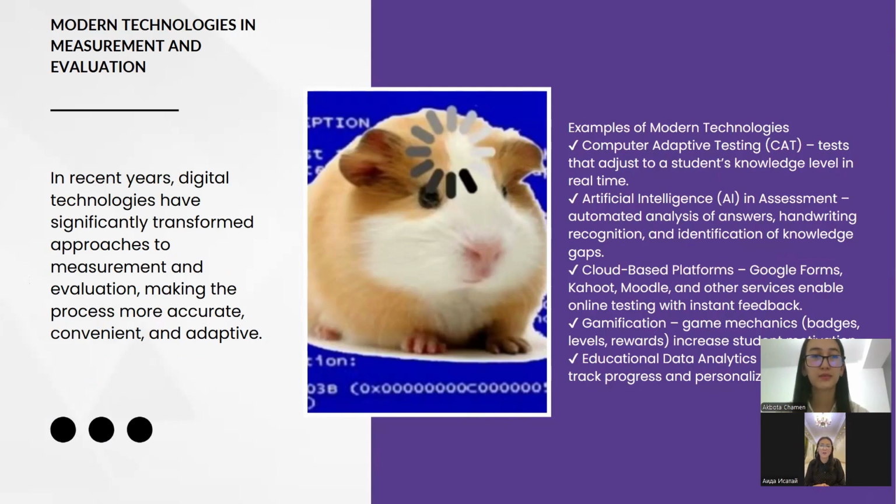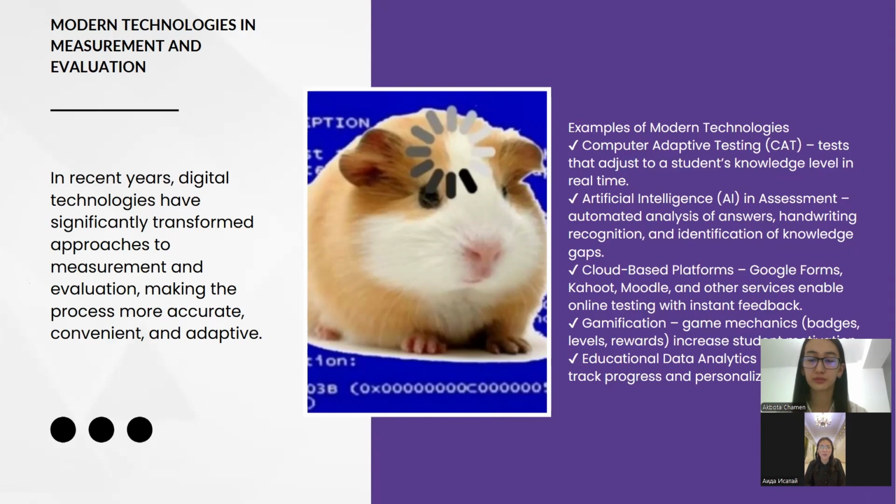So, modern technologies in measurement and evaluation. In recent years, digital technologies have significantly transformed approaches to measurement and evaluation, making the process more accurate, convenient, and adaptive. The main examples of modern technologies will be computer adaptive testing, a test that adjusts to the student's knowledge level in real time, and artificial intelligence assessment: automated analysis of answers, handwriting recognition, and identification of knowledge gaps.